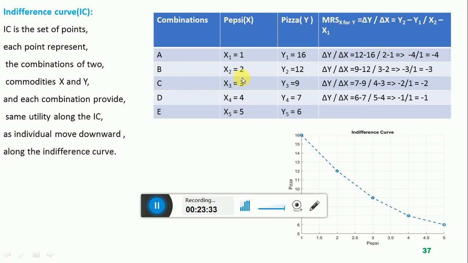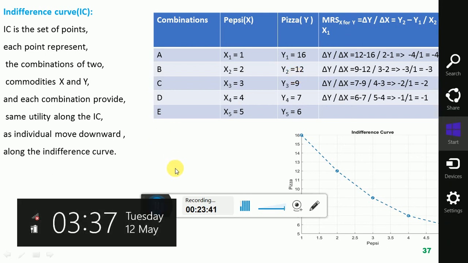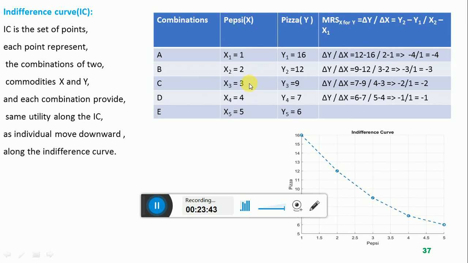Third combination: to increase 1 more unit of Pepsi, the consumer is ready to sacrifice 3 units of pizzas. The third point represents X3 and Y9. So now the consumer carries 9 pizzas and 3 Pepsi. So these are all the points, and when we plot these points, first combination A, second combination B, C, D and E, and connect them all by a curve, this is called the indifference curve.